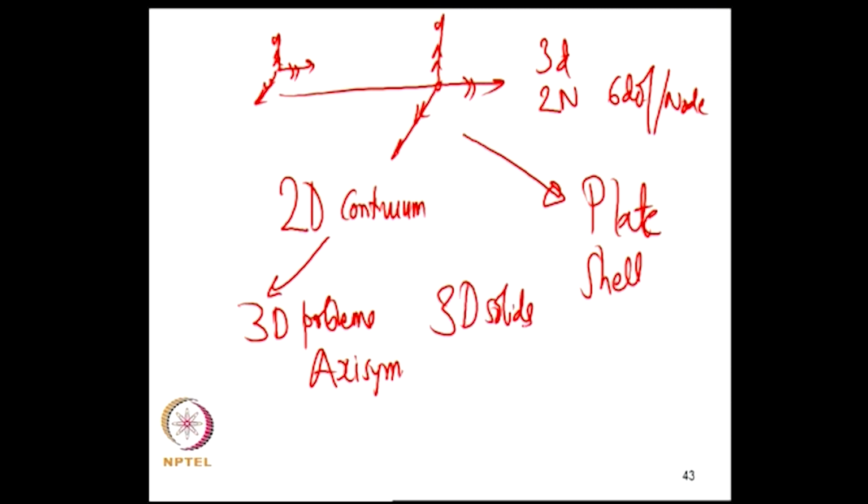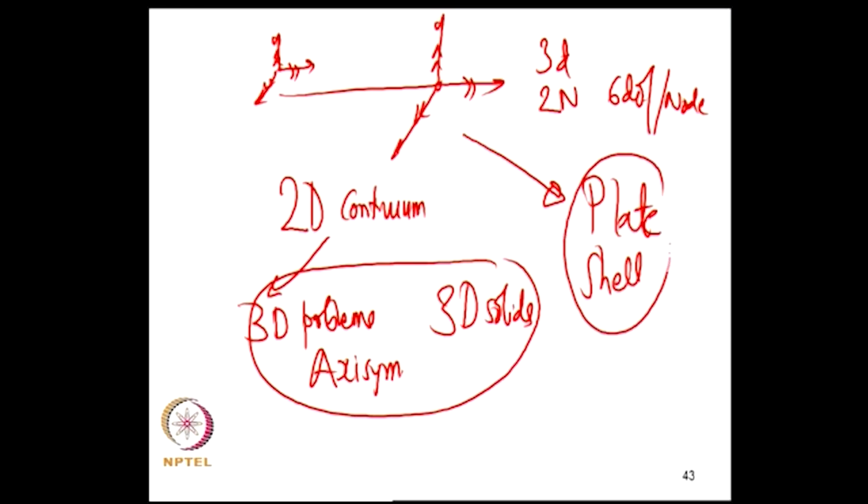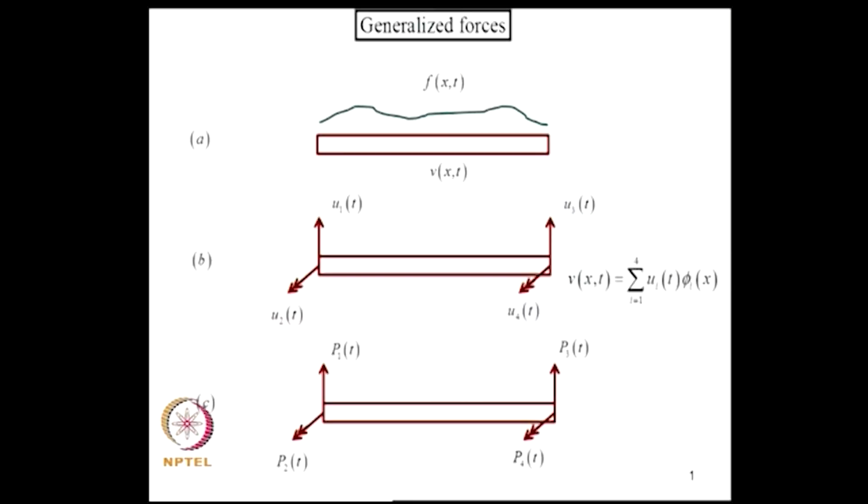In the remaining next few lectures we will develop the structural matrices for these problems, and at the end of these developments I will make a few remarks on choice of shape functions and their role on how the answers converge.